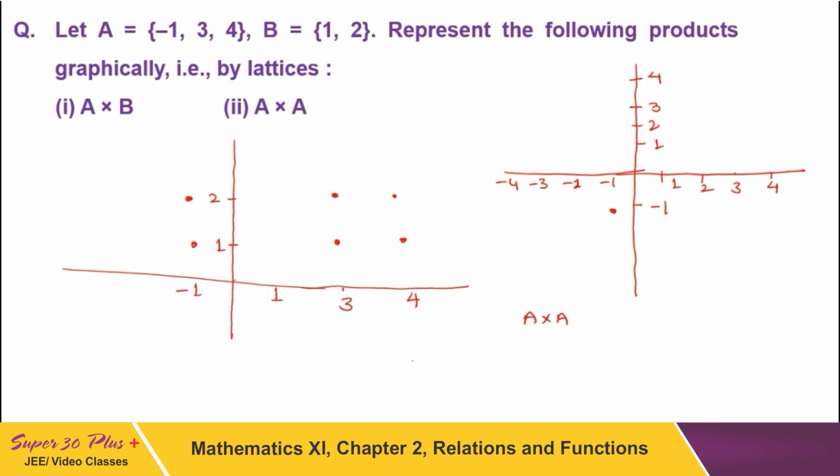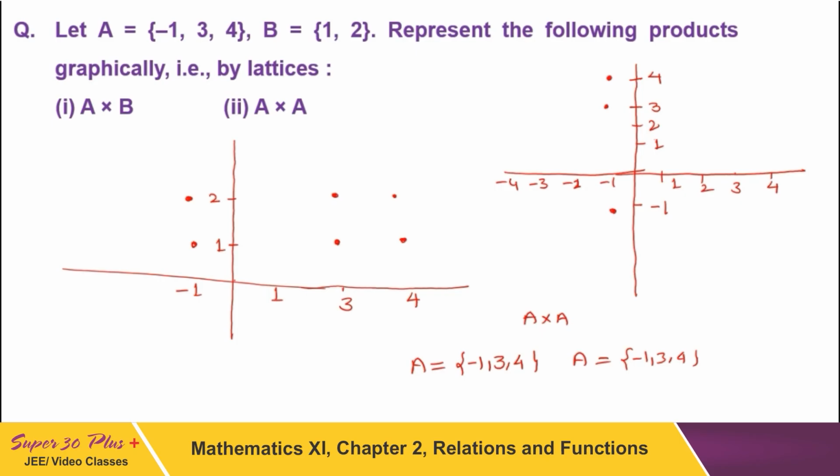We are going to find A cross A. We can write here A equals minus 1, 3, 4, and A equals minus 1, 3, 4. That gives minus 1, minus 1; minus 1, 3 is here, and minus 1, 4 is here.